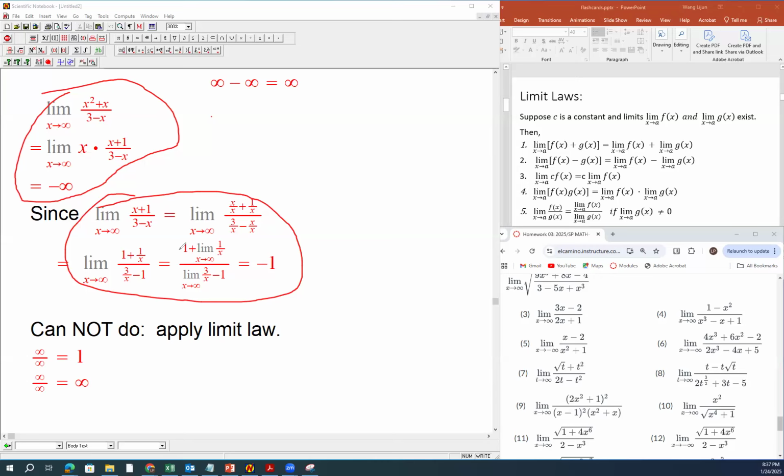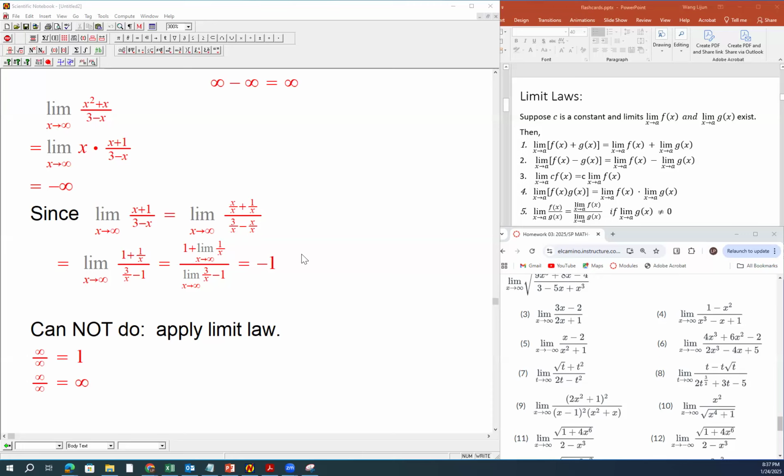You cannot embed this part inside here because you cannot apply limit law. So never ever apply limit law here, but we're just saying this quantity approaches a constant -1 and the other quantity approaches infinity and the whole thing approaches negative infinity. I hope you get that.